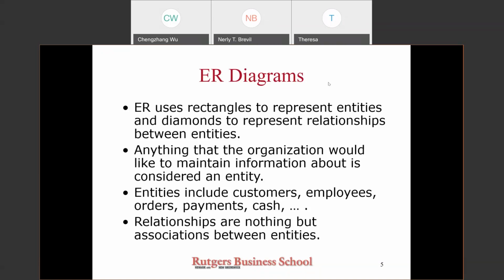Business events are like the sales orders, purchase orders, maintenance requests, payments to external parties, etc. Well, here relationships are nothing but the association between entities.